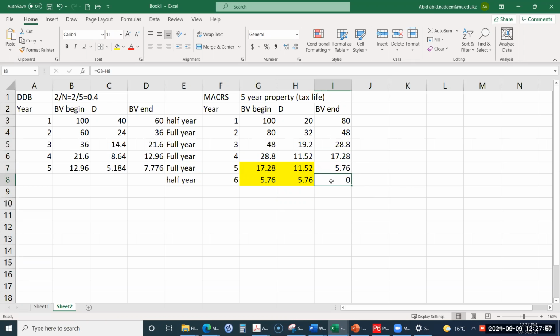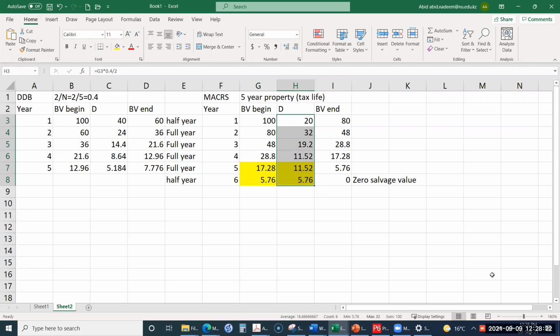So this is correct, and here we can meet the requirement. Now we have the 0 salvage value, which is one of the requirements of MACRS. Therefore, this is how we have got these percentages.